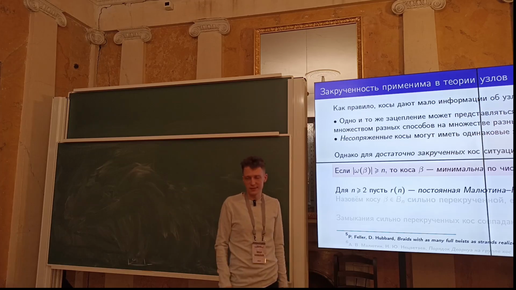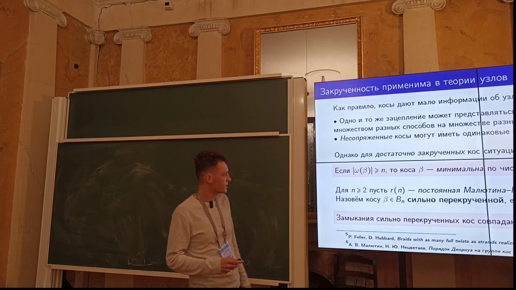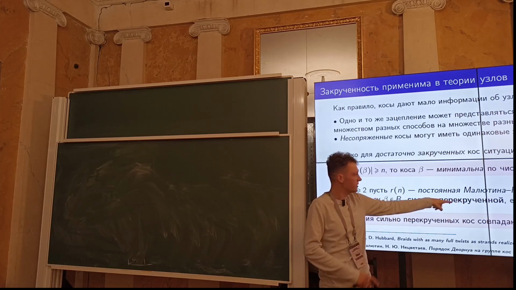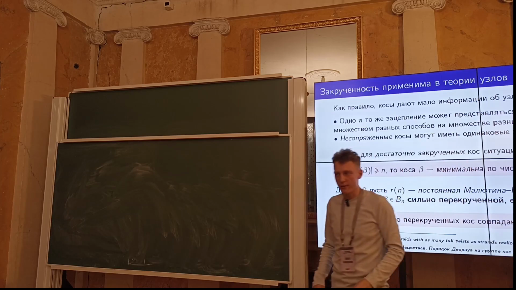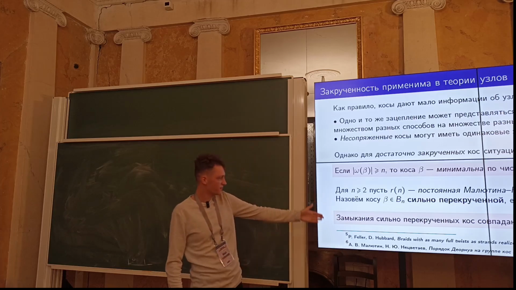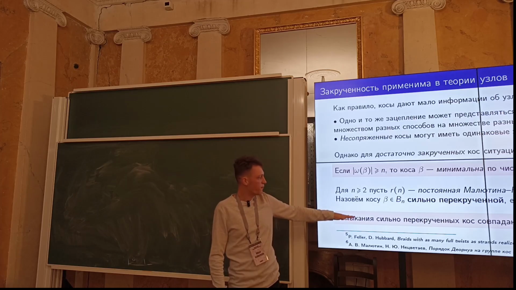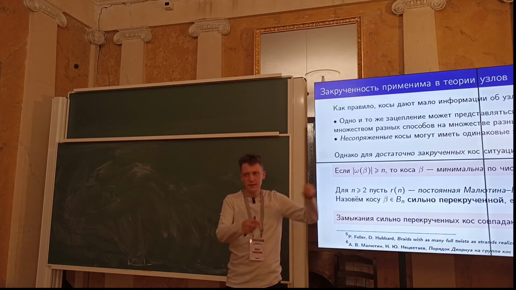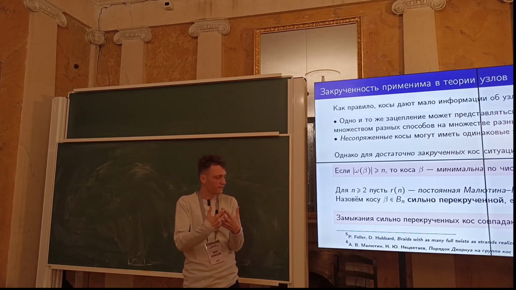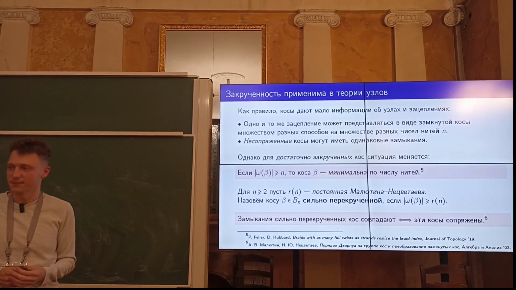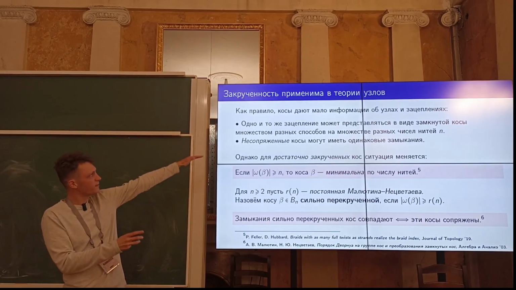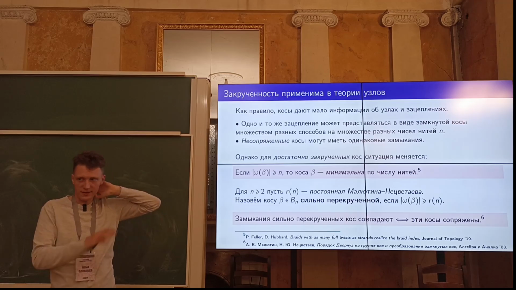But there is no information in the literature. So we say that a braid is sufficiently twisted or strongly twisted if the twist number is at least R of n. And Andrei Vesnin and Nikita Nizetayev proved that the closures of strongly twisted braids are equal if and only if these braids are conjugate. So this is the second category where the twist number shows that there are no such anomalies.